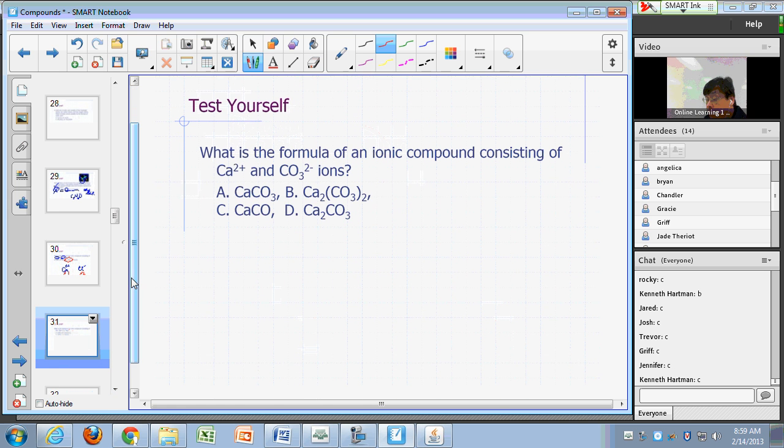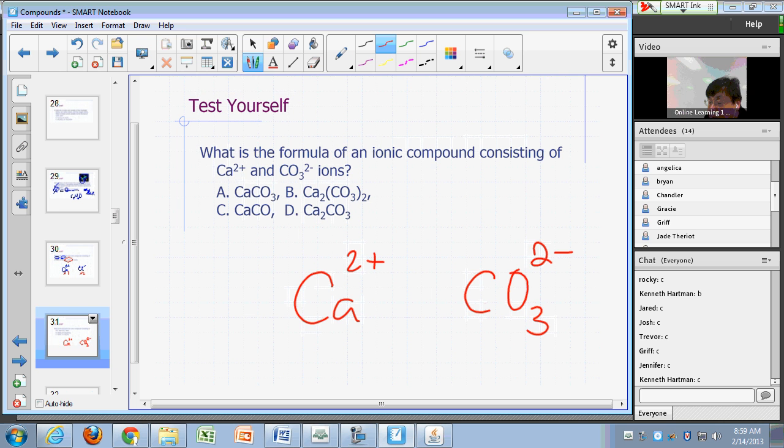How about this one? What's the formula of an ionic compound made up of calcium ions, which have a charge of +2, and carbonate ions, which have a charge of -2? That's the simplest combination that will give you a total charge of 0.